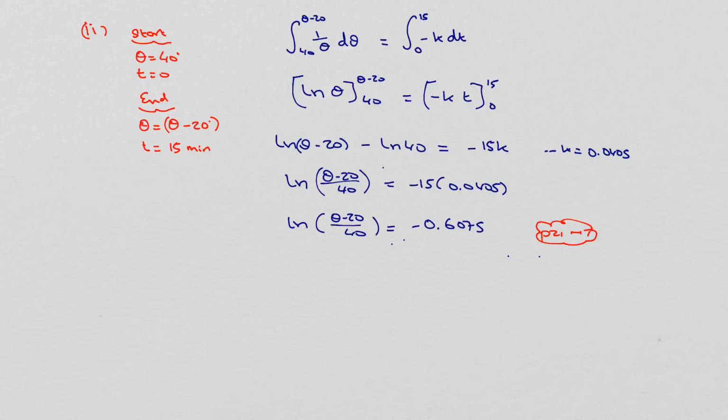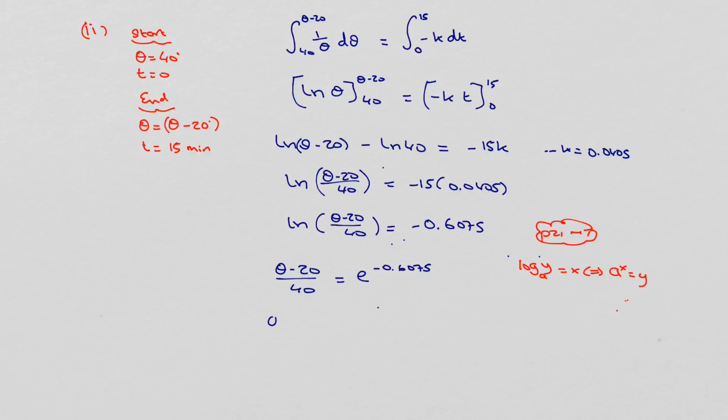My log rules, page 21, top right hand corner. Again, converting from log back to indices. Well, what have I got? Well, it says if I have log y to the base a equals x, then that's a to the x equals y. Okay, and therefore that can be written as theta minus 20 over 40 is equal to e to the power of minus 0.6075.